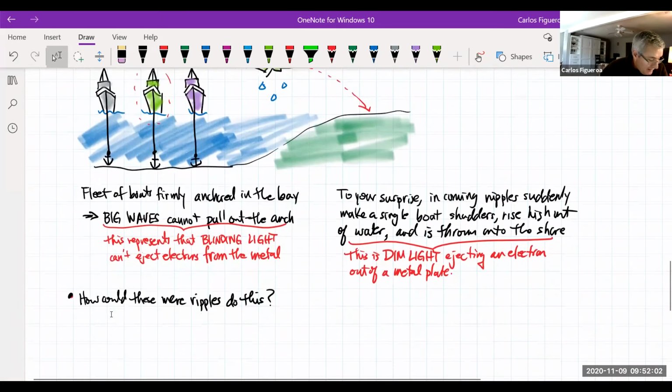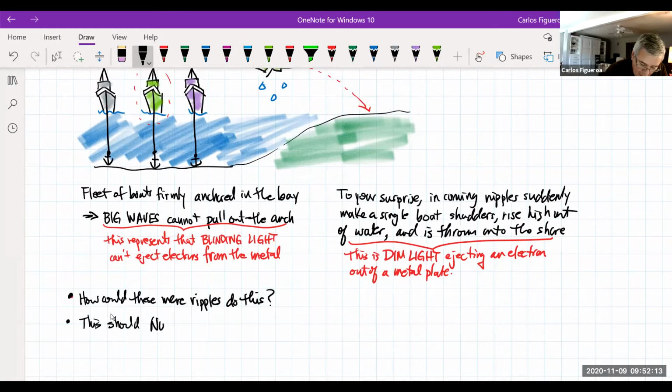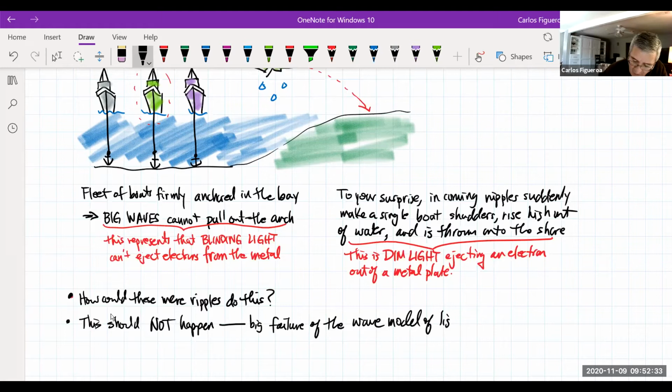But the bottom line here is this should not happen, which tells us that it's a big failure of the wave model of light.